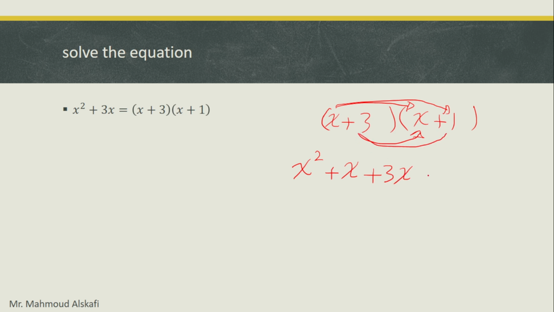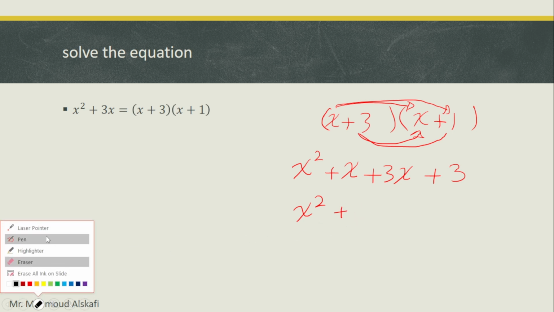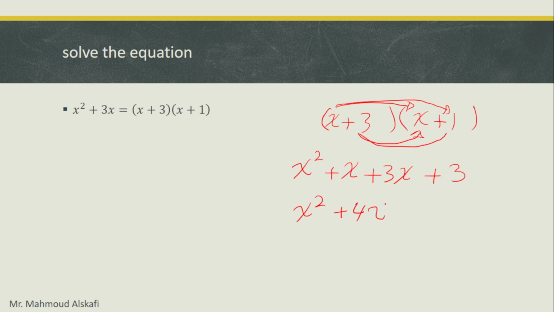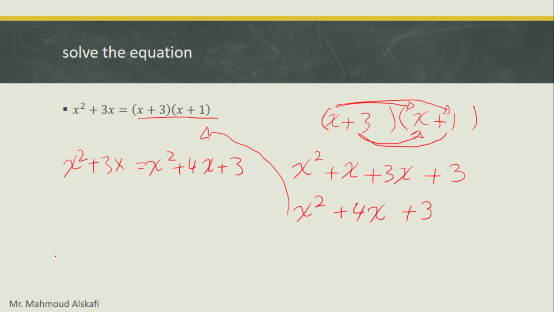Plus 3 times plus 1 gives plus 3. In this case, that gives me x squared plus 4x plus 3. After that, put it instead of this expression. So x squared plus 3x equals x squared plus 4x plus 3.